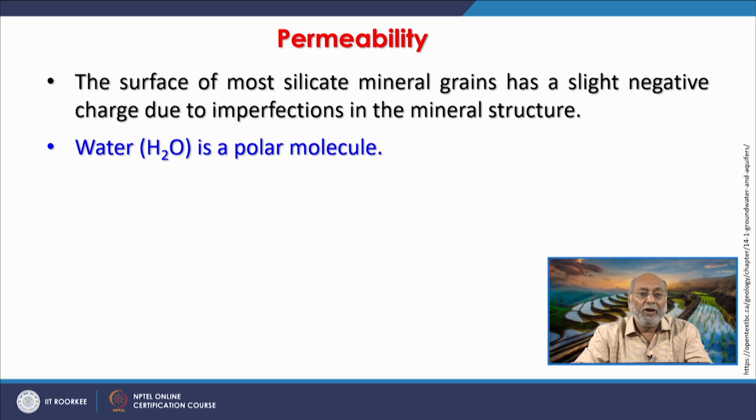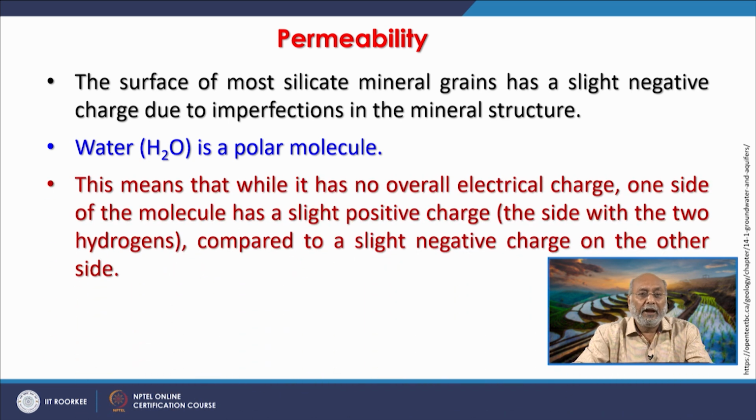Water is a polar molecule, which means that while it has no overall electrical charge, neither positive nor negative, one side of the molecule, the side with the 2 hydrogens, has a slight positive charge, compared to a slight negative charge on the other side. So, this also affects, on a microscopic scale, our permeability.